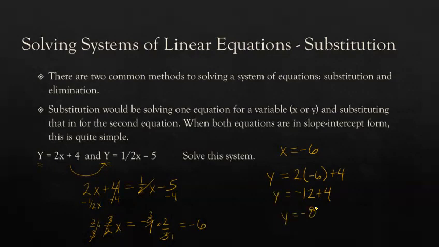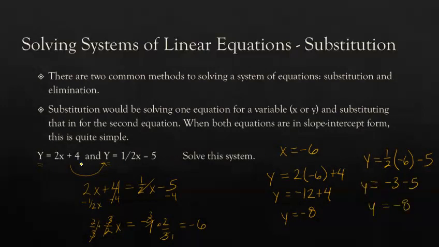What if I had chosen the other equation to substitute it in? Let's see. y equals 1/2 times x, which is -6, minus 5. Well, -6 times 1/2 will give me a -3 minus 5. And -3 minus 5 is -8.